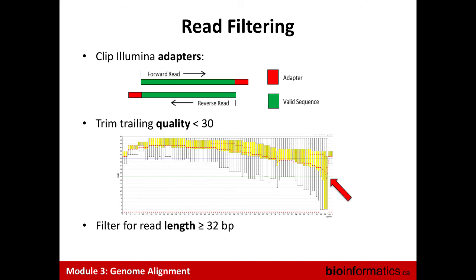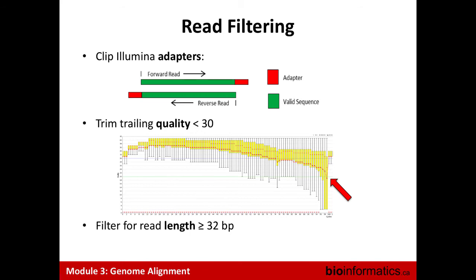Here, the value is the purple line, so all the bases here will be cut. Then you go to the next base. Is there still some base lower than 30? Yes, I cut it. And so on, until you don't have anything to cut. Then you stop.